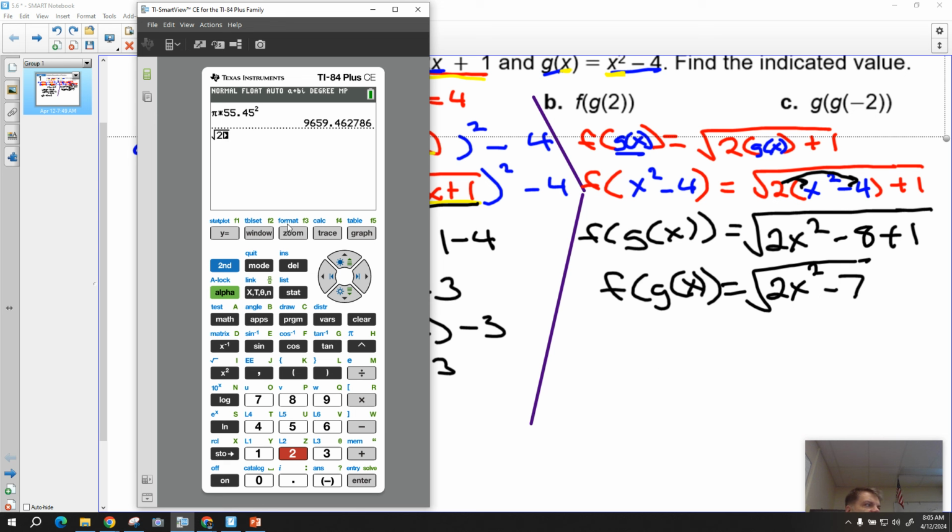I can't write it down yet, but that's what I'm supposed to do. Squared minus 7. Okay? I think it's just 1. Yeah. And that's it.